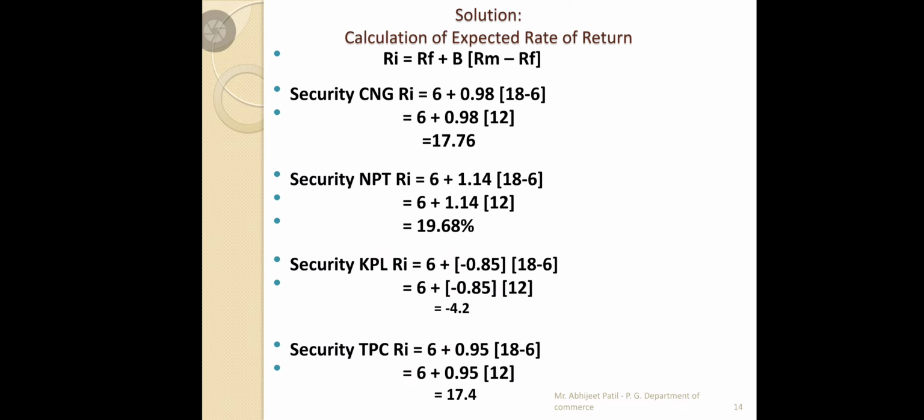Then, once we calculate beta, we should find the expected rate of return. So how will the expected rate of return be calculated? Ri is equal to Rf plus beta in brackets Rm minus Rf.